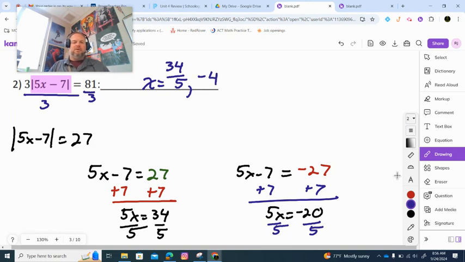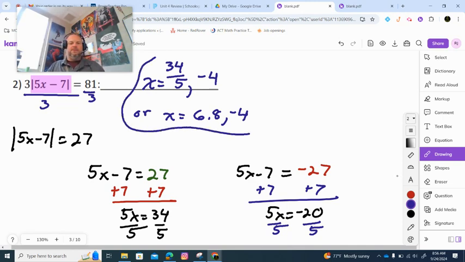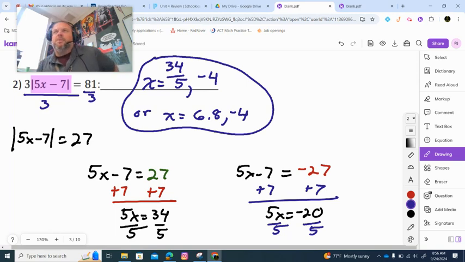Negative 4. That is correct, right? Okay, good. Either one. You could do the improper fraction or the decimal.